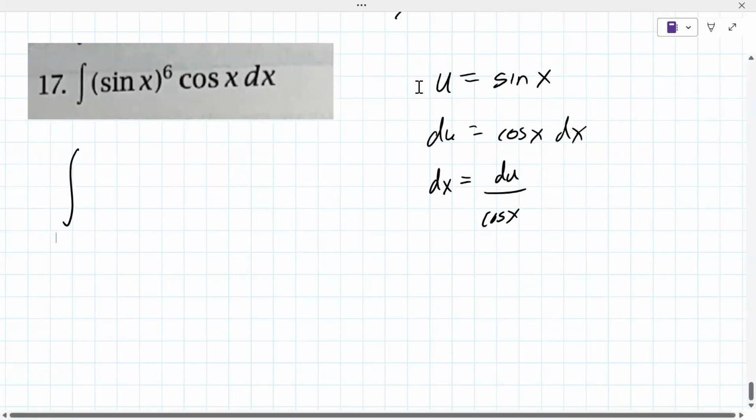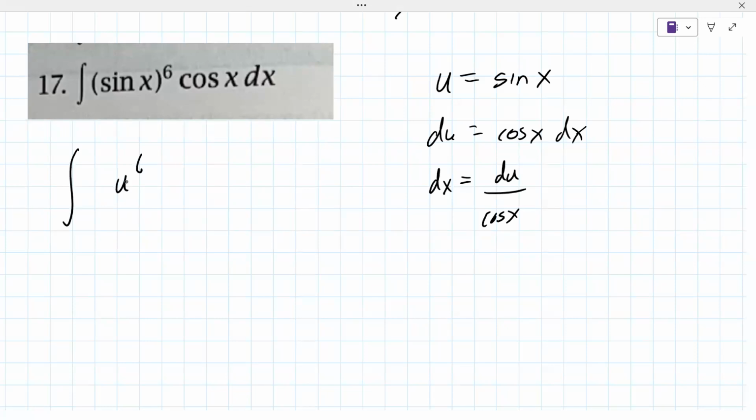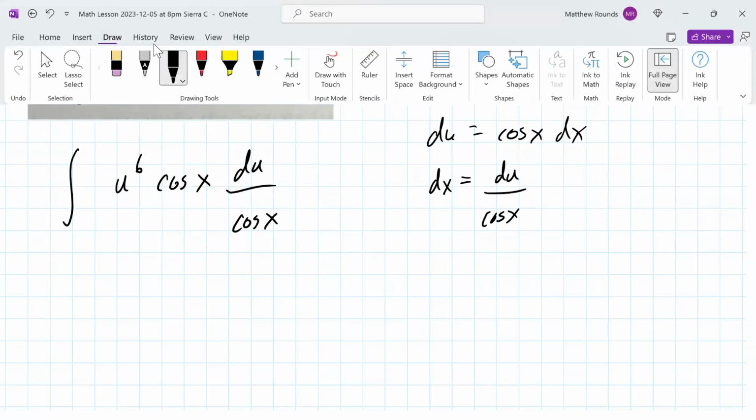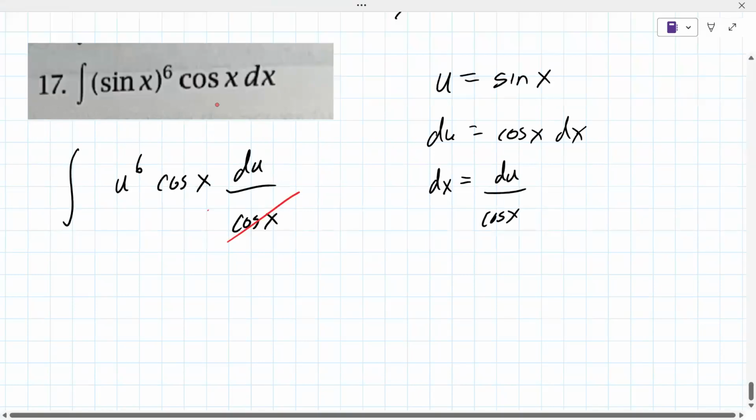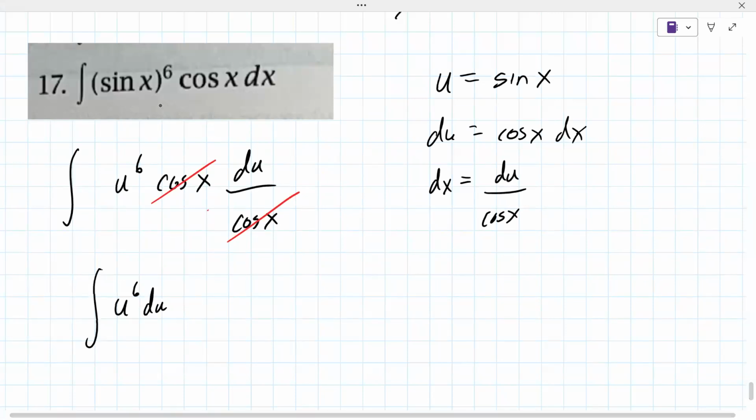Sine x is u, so that goes in there. You don't have anything for cosine x, you just leave it. And then dx is du over cosine x. This is the first real u substitution problem where there is a cancellation, like the cosines have to go away. And you can see how nicely it reduces to a power rule integral from something that looked way worse when you started.